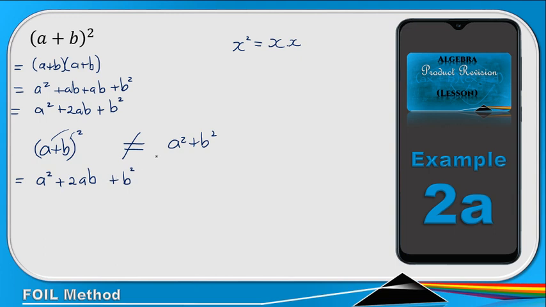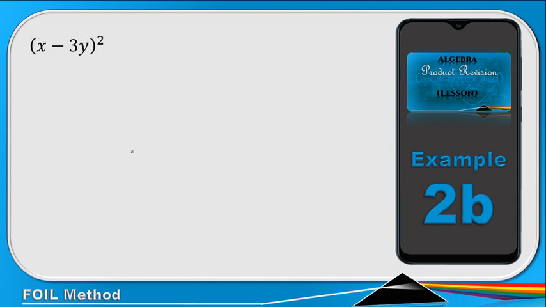So let's look at another example. If I have (x minus 3y) squared, the short method is: square the first one, so that's just x squared. Then multiply each other and multiply by 2, so this is going to be a negative 3xy, but multiplied by 2 gives me 6xy. And then square the last one. Now if I square a negative number, it becomes a plus.